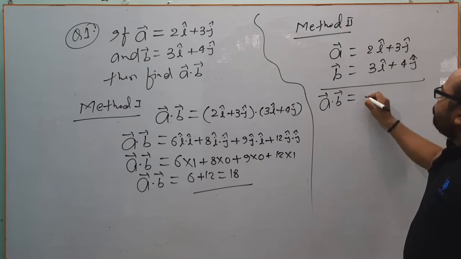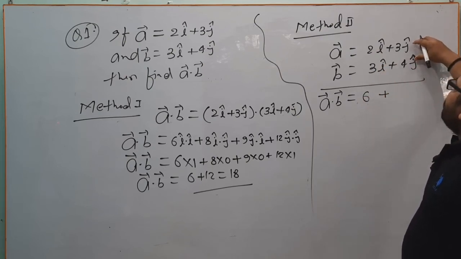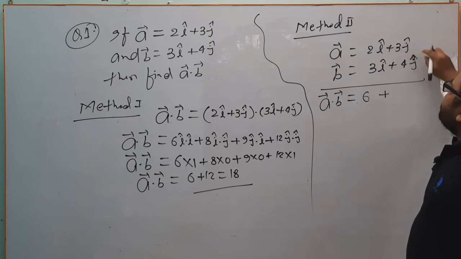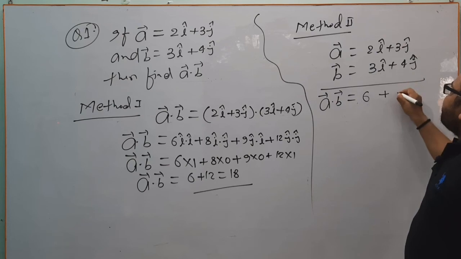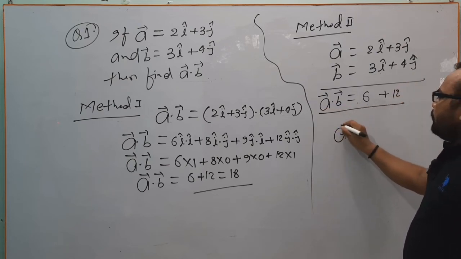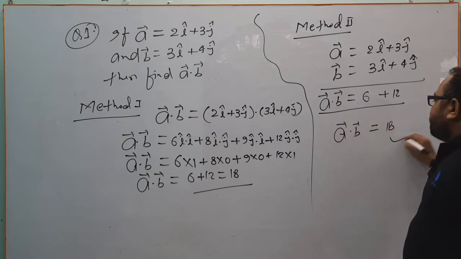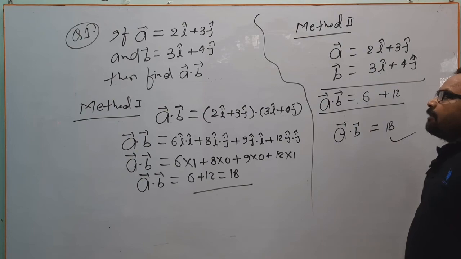It means 2 into 3 is 6, and similarly only the coefficients of similar unit vectors are taken together in the form of a product. It means it will be 12, and our result is A dot B is equal to 18, and this is the second method of solution.